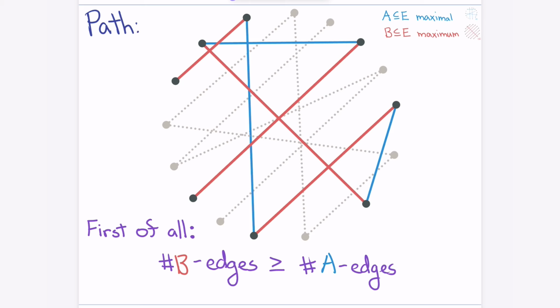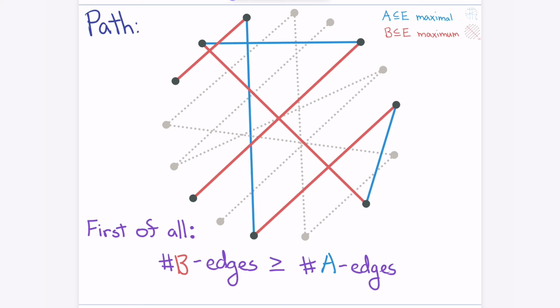I think there are 1, 2, 3, 4 red edges and 3 blue edges. But how come it couldn't have been reversed? Yeah, so it has something to do with the definition of maximum.